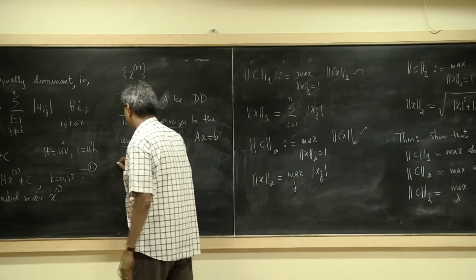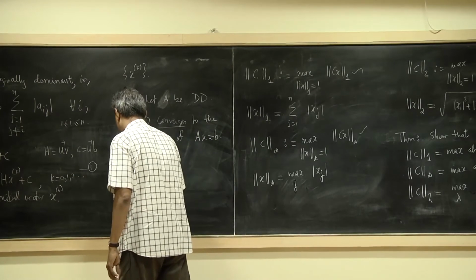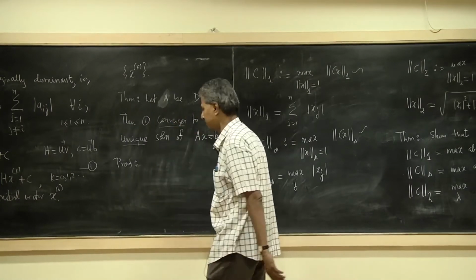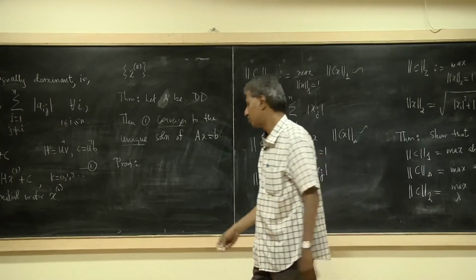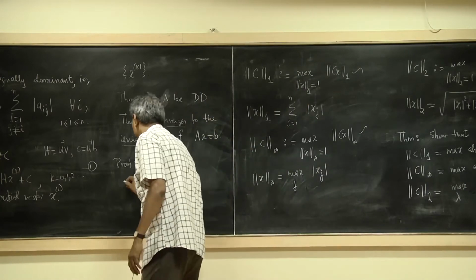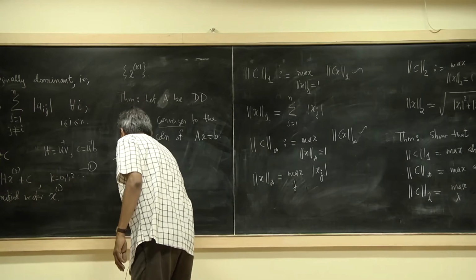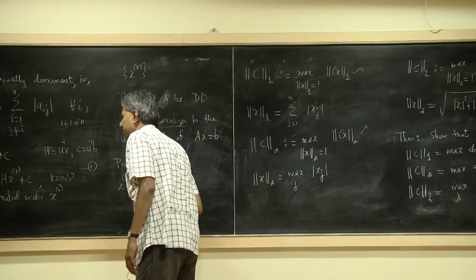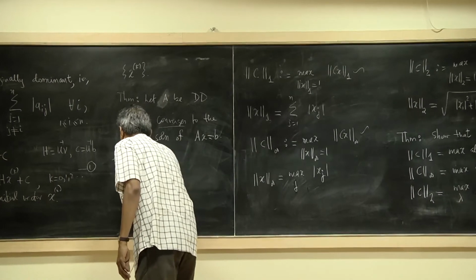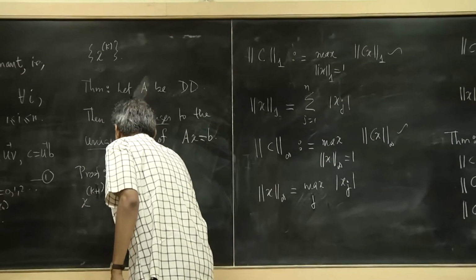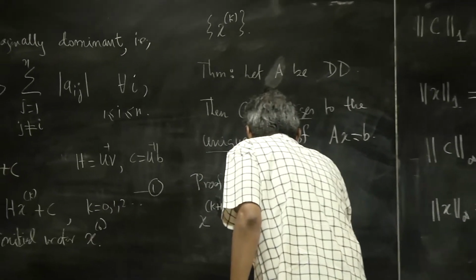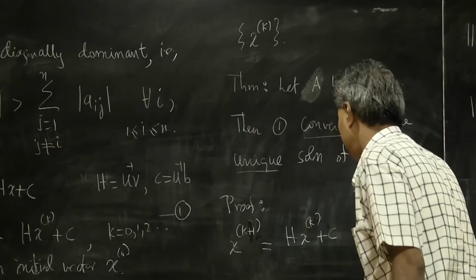Okay, so the proof. Convergence only shows a Cauchy sequence as well, right? But look at what you get from x_k plus 1. x_{k+1} is H x_k plus c.